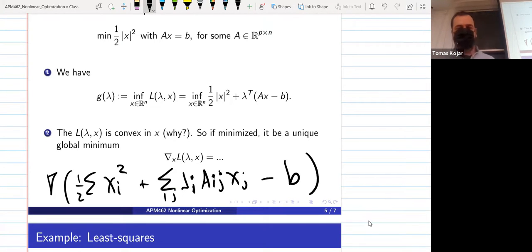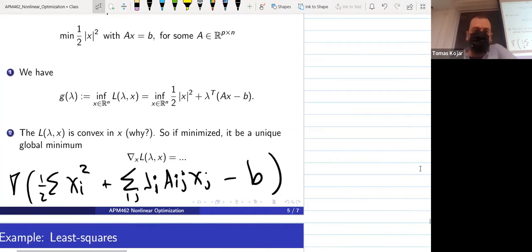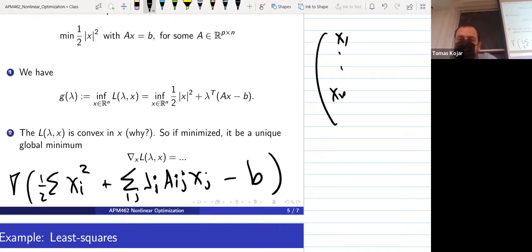Is that okay? I don't know, should I do it some other way? I can do it with directional derivatives. It doesn't matter. If I take derivatives, the first term becomes x1 to xn.